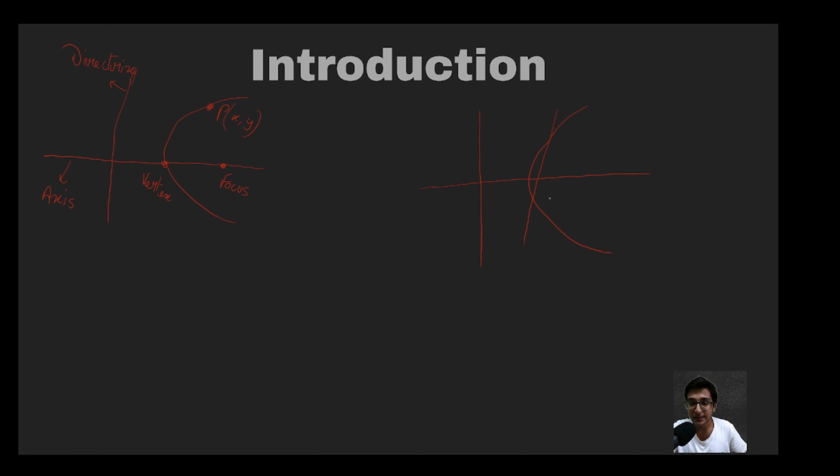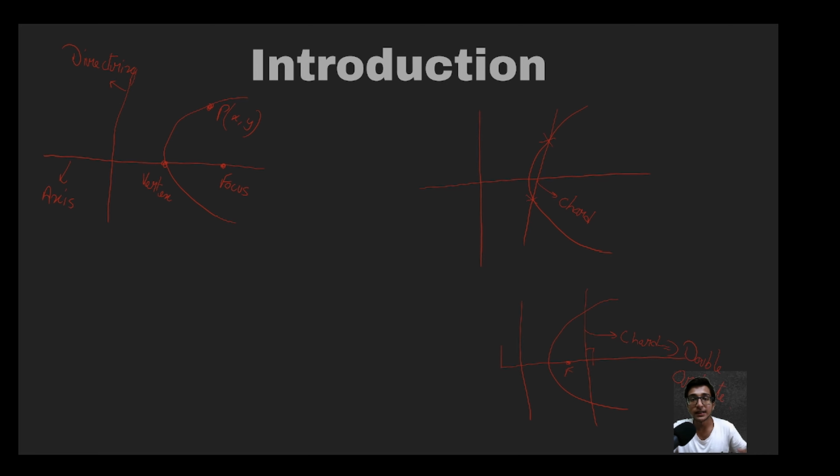So here, let's say this line intersects it at two different points, so this becomes a chord. Now we had also studied a little at the end, if the chord is perpendicular to the axis, then this chord is known as a double ordinate.